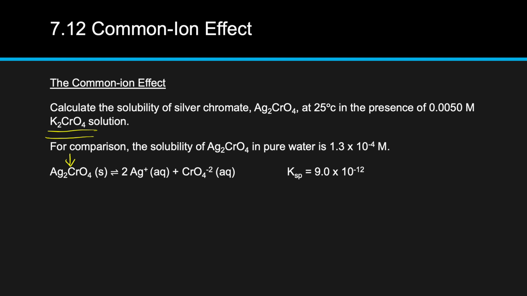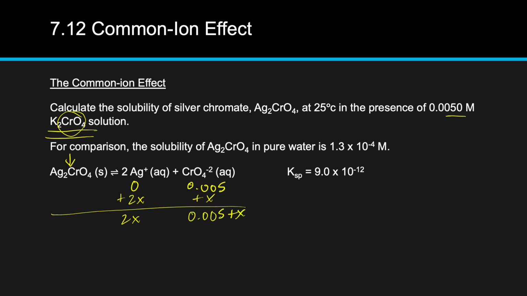Since it's a 1-to-1, there's only one CrO4 in here, we know we're starting with a concentration of 0.005 molar. And then we're starting with 0 Ag plus. Because stoichiometrically we have a 2, it's going to be plus 2x. It's going to be plus x. So at equilibrium, we're going to have 2x, and we're going to have 0.005 plus x.